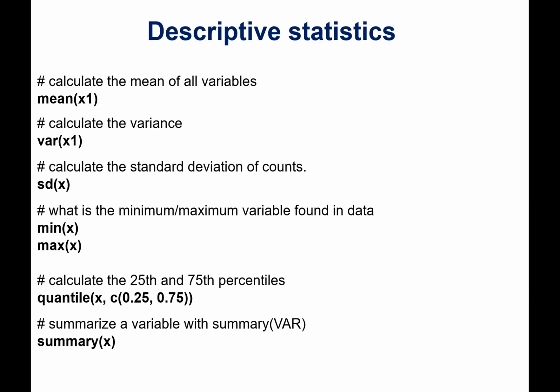When we have many numbers, we can use min and max functions to find the minimum and maximum values. We can use quantile to calculate the 25% and 75% quantiles. And the summary function basically returns many basic statistics like mean, median, min, max.